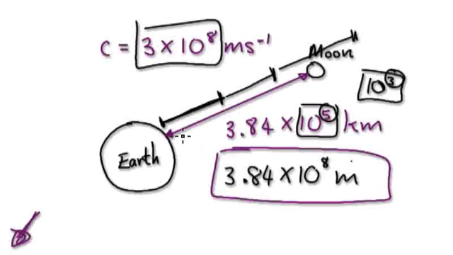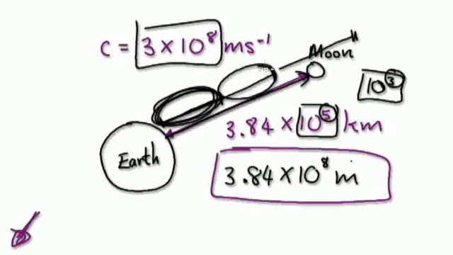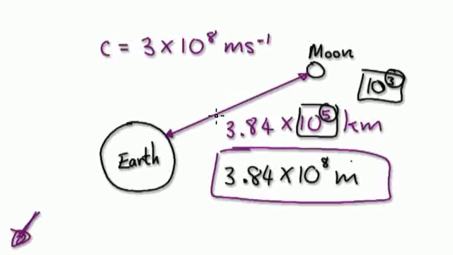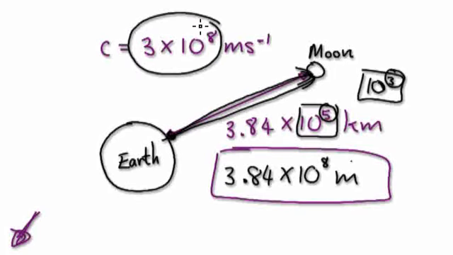If we want to know the time it takes for the laser to hit the ant, we get the whole distance here and then divide it by the speed. In this case it would give us 2 point something. Anyway, if you want to know the time it takes for the laser to travel from Earth to the Moon, then get the distance and divide it by this speed here.